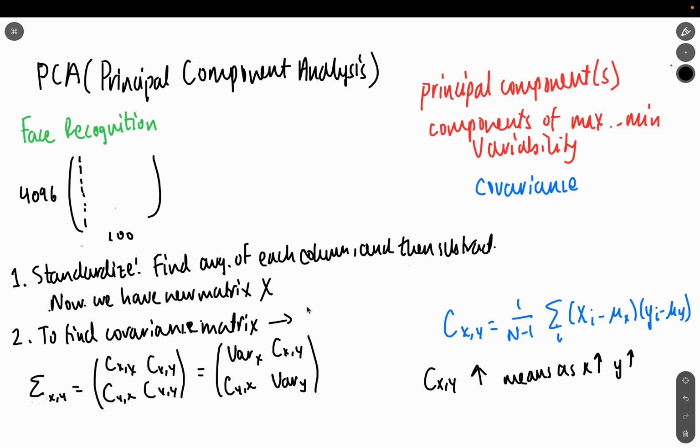We do 1 over n minus 1, where n is the number of samples, so 100, times x transpose x, and we'll see why. First of all, let's see why this works. Why does this formula give the same covariance as before?